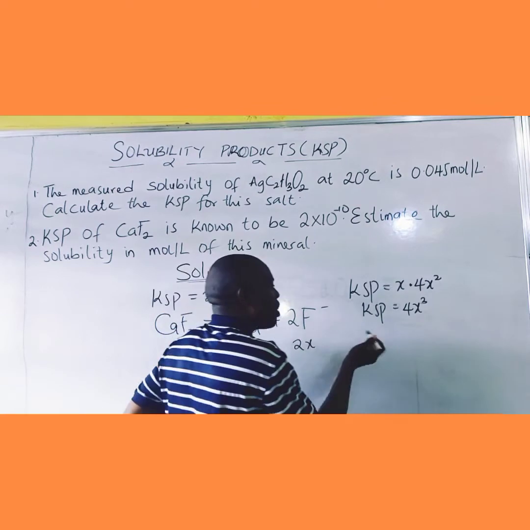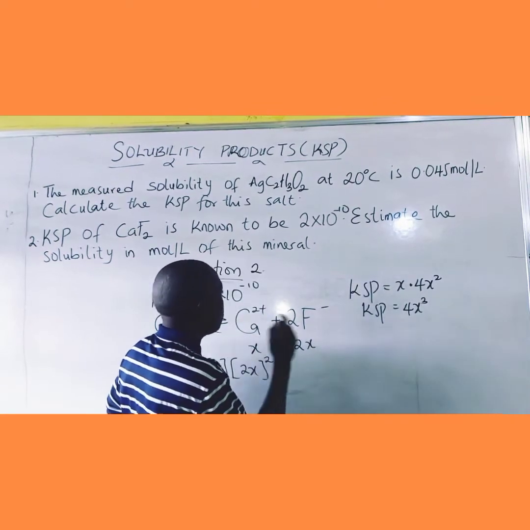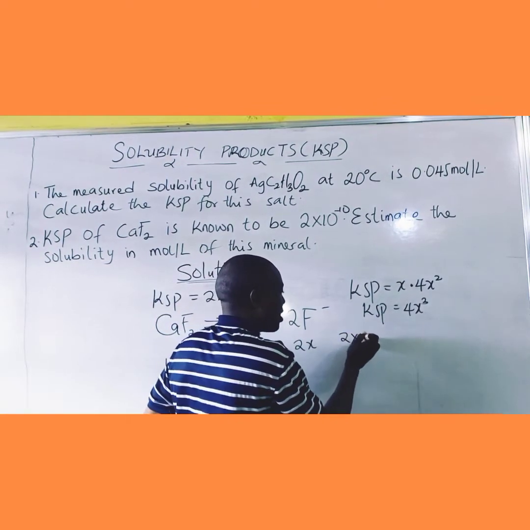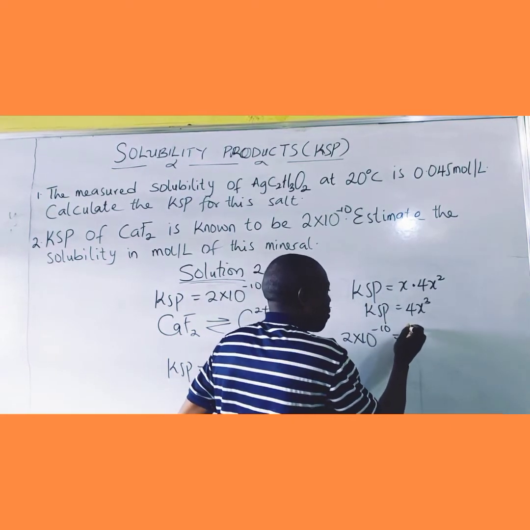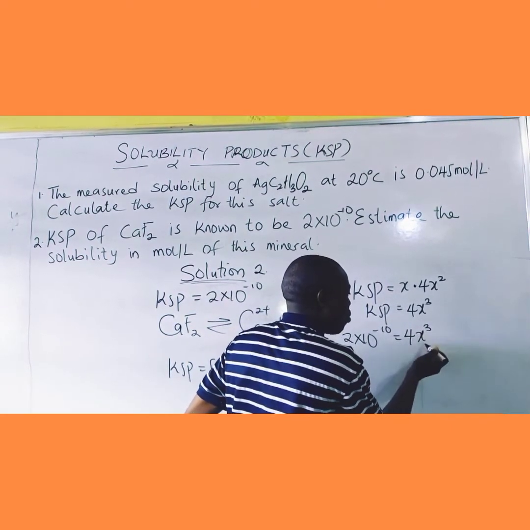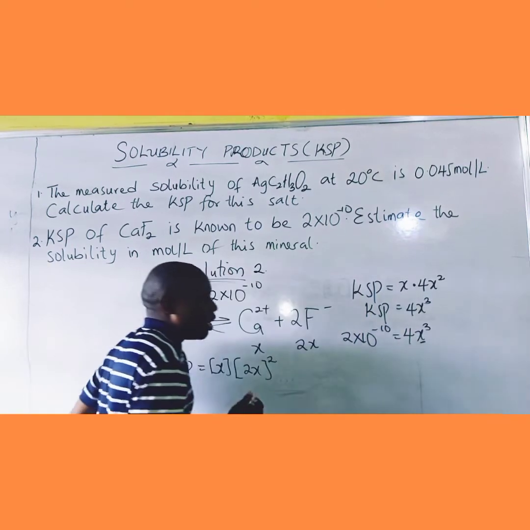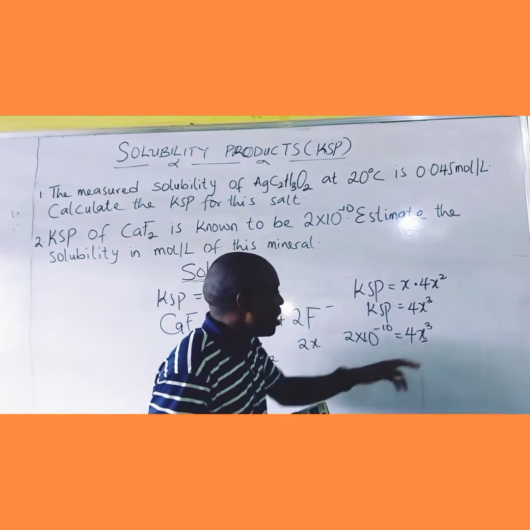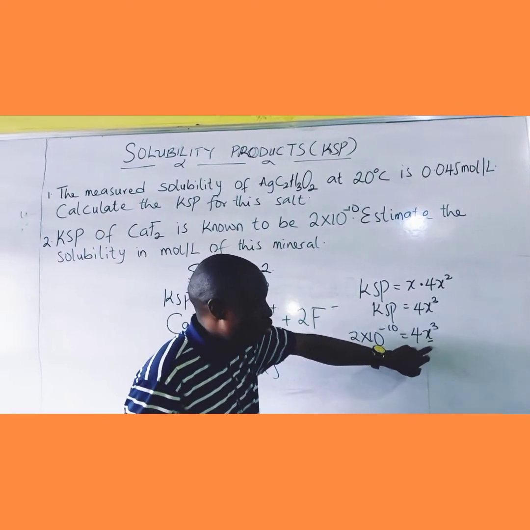Now, if my Ksp is 2 times 10 raised to the power minus 10, equal to 4X cubed, I'm looking for the solubility of the mineral.